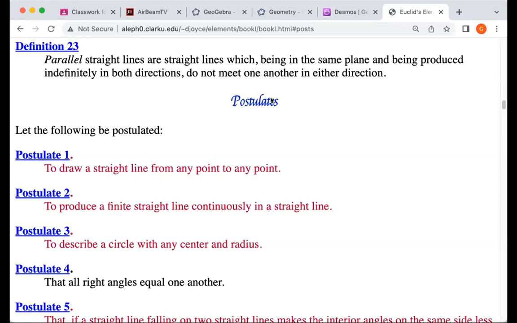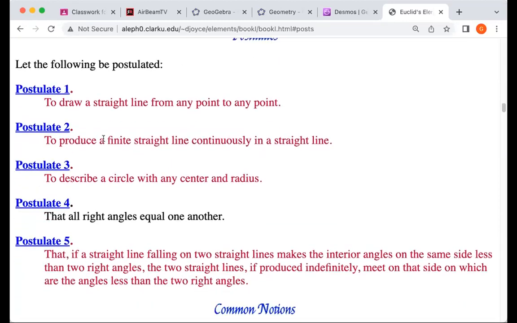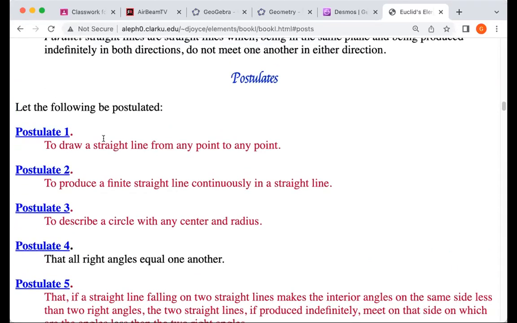Like we wouldn't argue that's not true. 2, to produce a finite straight line continuously in a straight line. By this, they just mean that if you have a line segment, you can make it longer. If you have a straight edge, you can make it longer. So very non-controversial.